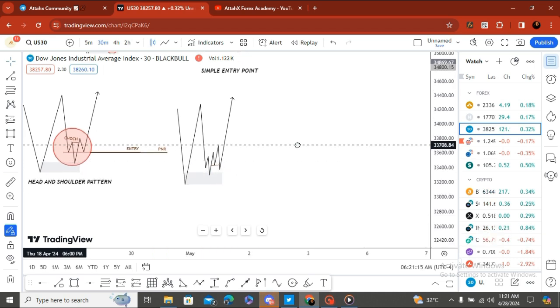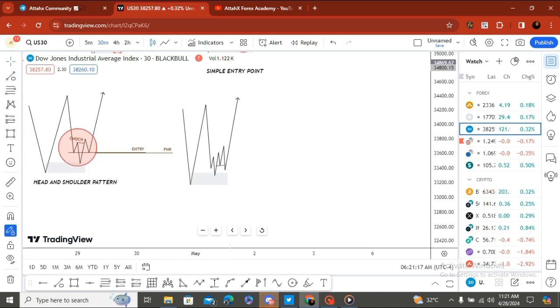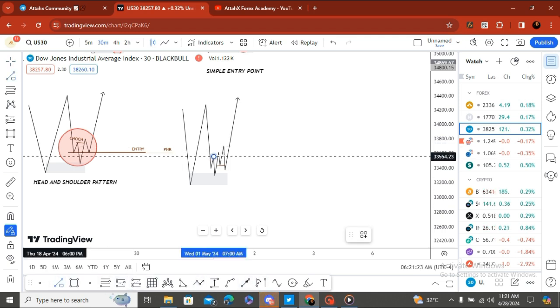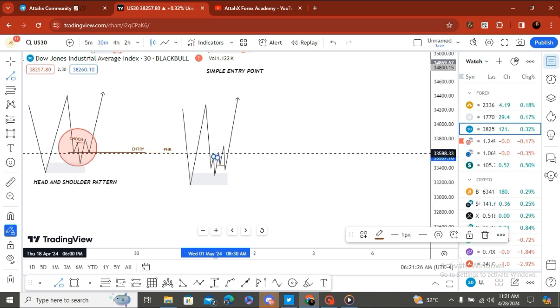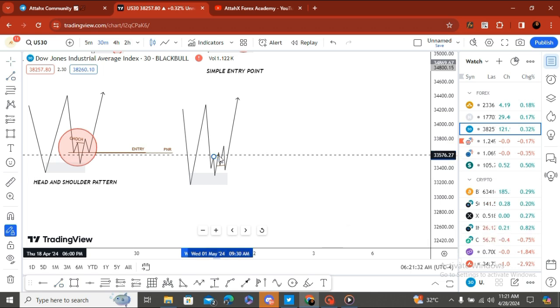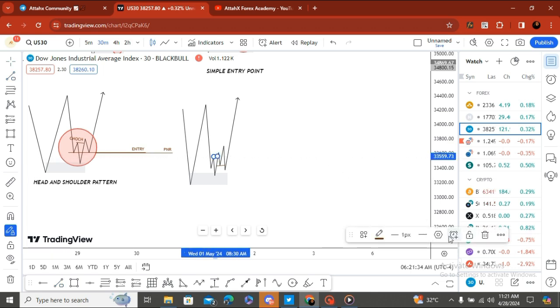This particular pattern is using the Quasimodo reversal. Now, whenever you want to validate this, there must be a change of character to here, over here. That is same as this too. There must be a change of character. So this is your change of character, your CHoCH.